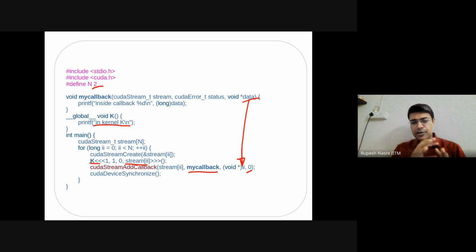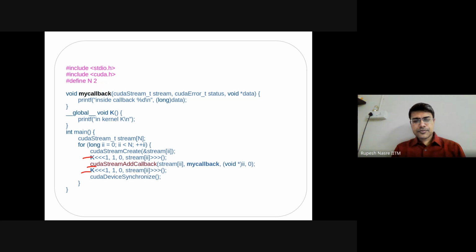But in general, if that CUDA device synchronized is removed, then it's possible that you can see these different Ks happening in parallel. Right. Okay, so now, right, so that's what Sowmeya Lakshmi also said.